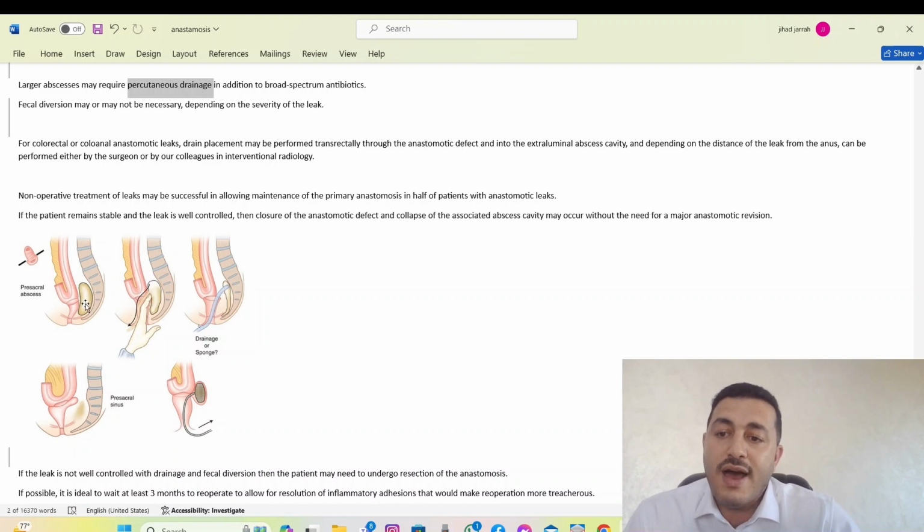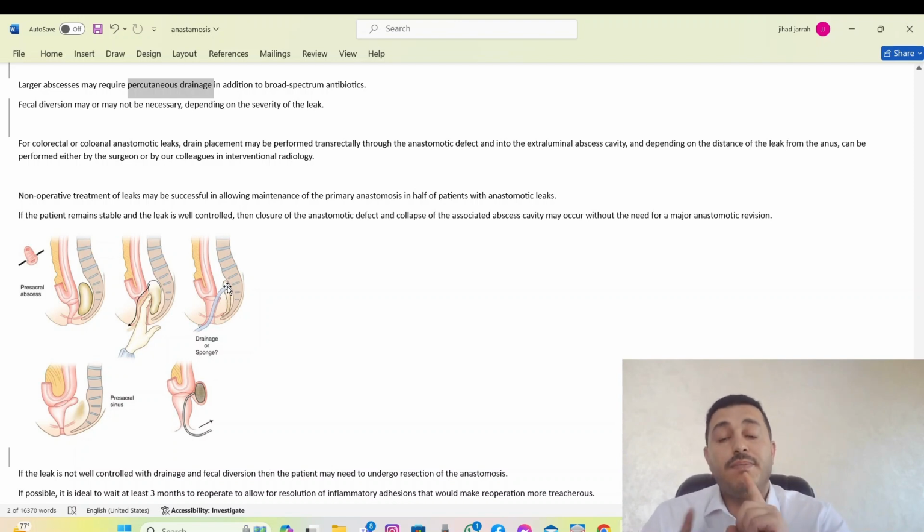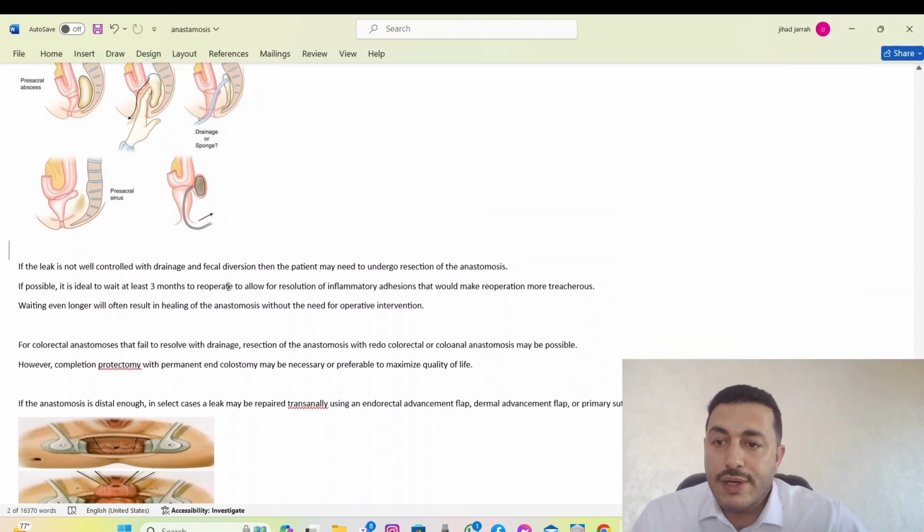As you see in this picture, we have a distal leak and we place the drain through the rectum and through the dehiscence to the leak. Later we will reoperate on the patient, because we definitely have a leak, but it gives us time to do surgery. Surgery can be done without permanent colostomy or permanent stoma. We can do surgery after 3 months with resection and anastomosis. Okay.